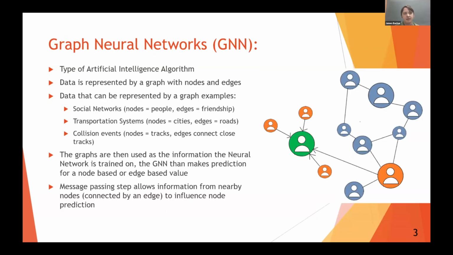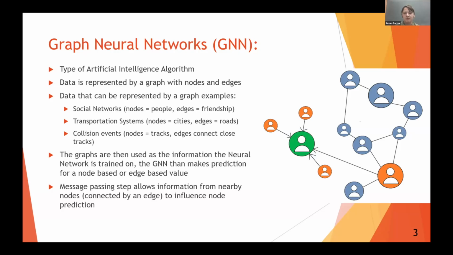So what we did is use a graph neural network, sometimes referred to as GNN, which is basically a type of artificial intelligence algorithm. What's unique about this approach is the data is not represented as a vector, it is represented by a mathematical concept called a graph.